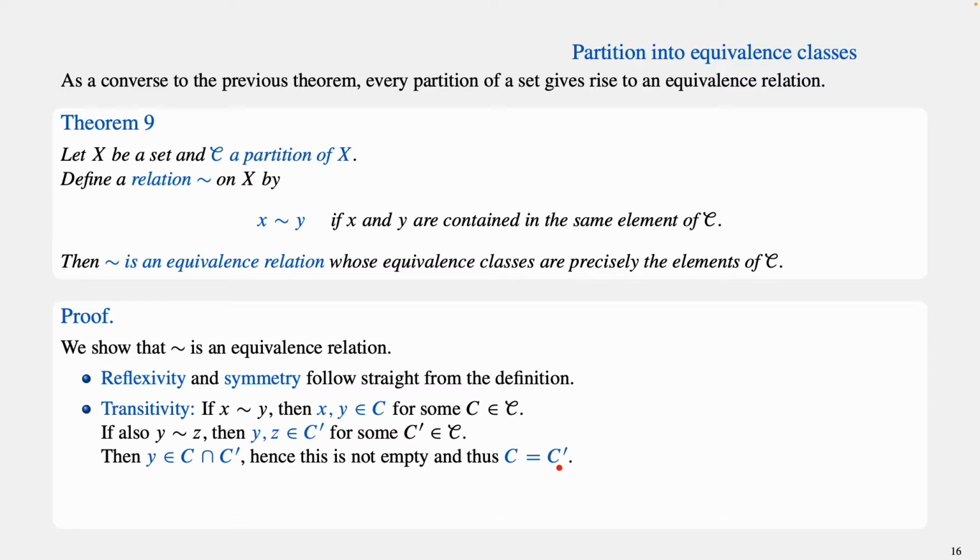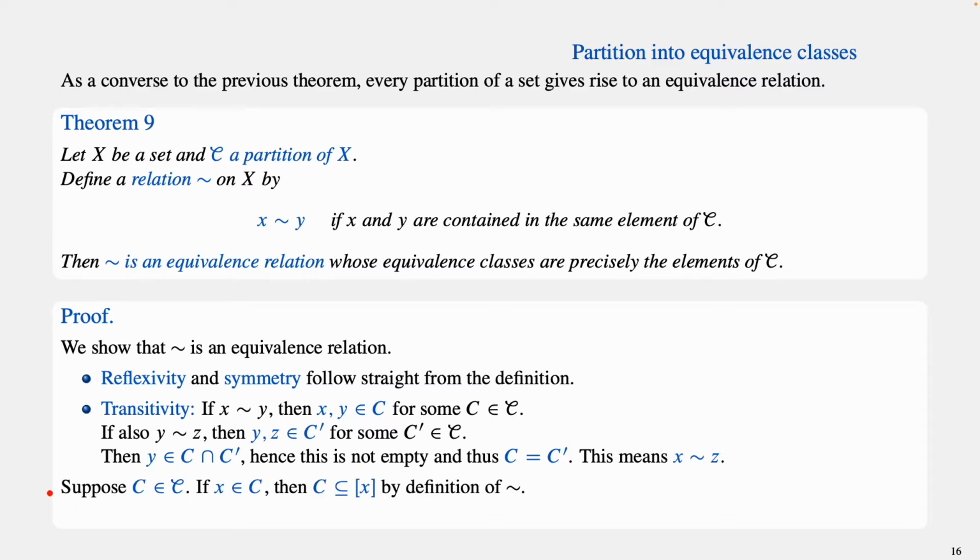And what this means is that x is related to z. So z being in C prime is also an element of C, so x is in C, and this means x is related to z. And we've shown transitivity, and this means our relation defined here is indeed an equivalence relation.